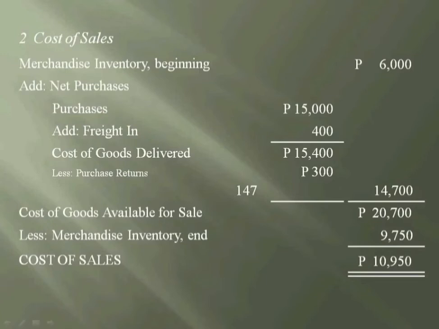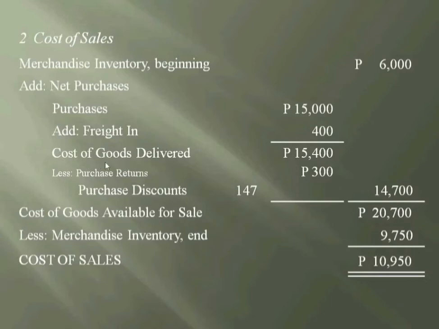That 147 pesos from your store's perspective is known as purchase discount, which obviously again, like purchase returns, decreased what your store needed to pay for the purchase of the chocolate bars. It decreased the cost of goods delivered. That's why it is shown here as a deduction from the cost of goods delivered.